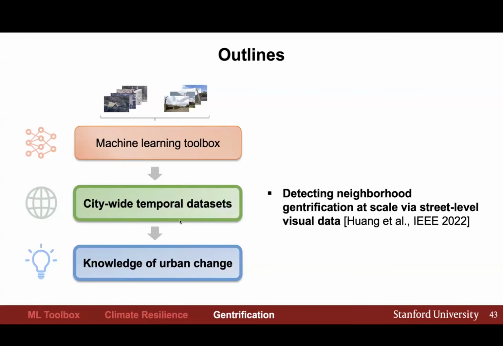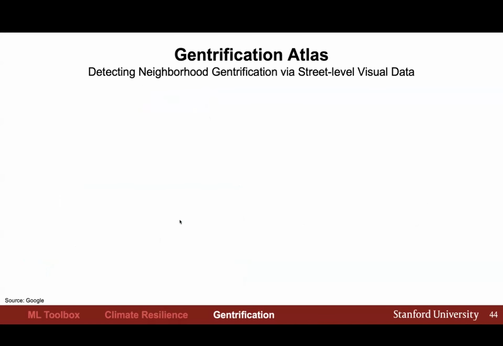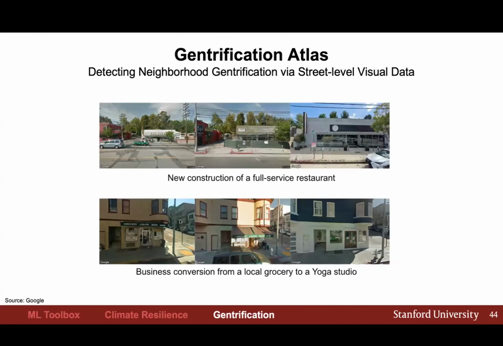Okay, so I'll briefly introduce the third project, which is detecting neighborhood gentrification. In previous projects, we tried to see whether a building was damaged or whether it was built to a better quality or equal quality. In this project, we try to see the new construction of certain points of interest for gentrification.